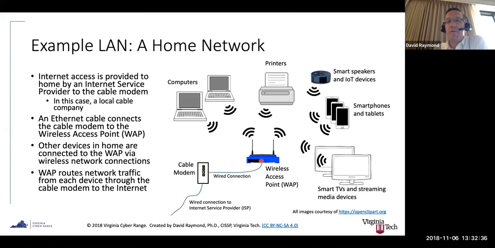we know that in order for a device to communicate over the internet, it needs to have its own IP address. So each one of these devices has to have its own IP address. And we use a technique called network address translation to essentially, the wireless access point is going to assign internet protocol addresses to each one of these different systems inside the home network.